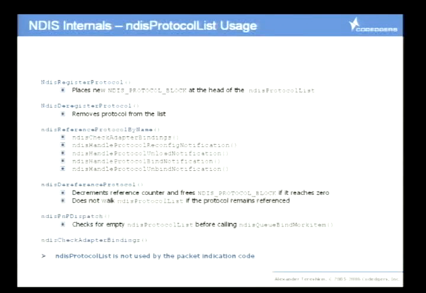I've shown here a few functions that use this pointer, but you see that none of these functions belong to packet indication code. The conclusion of this slide is that the global variable ndisProtocolList is not used by the packet indication code at all.